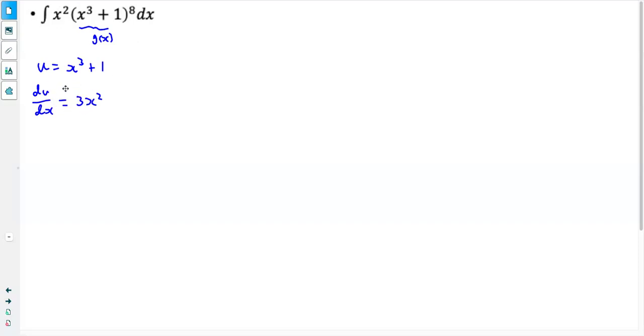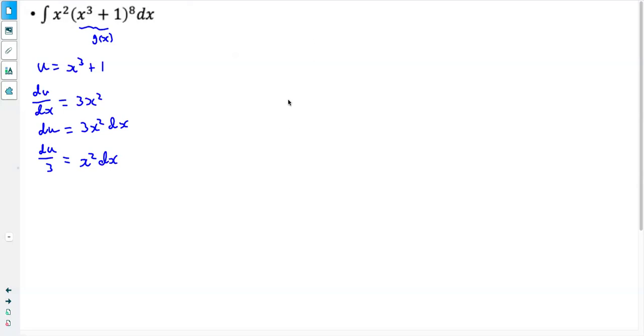So we need to get it like that here. I would probably multiply both sides by dx, so we've got du is equal to 3x squared dx, and then divide both sides by 3. So du over 3 is equal to x squared dx.